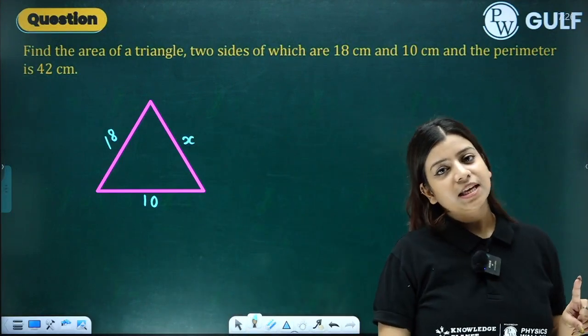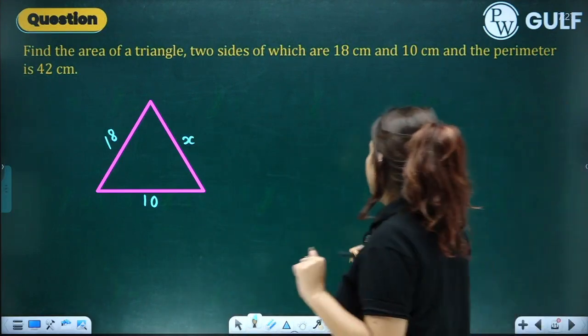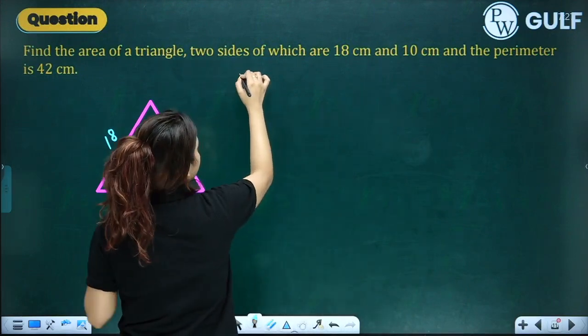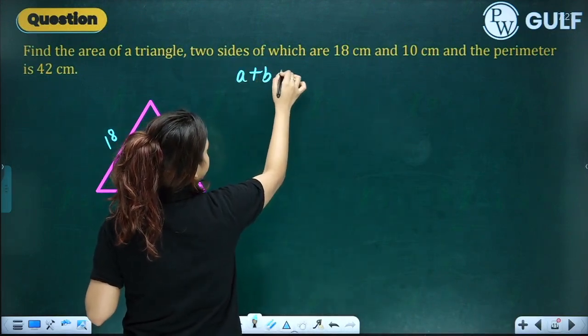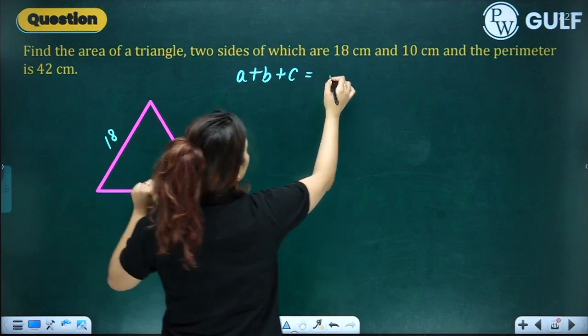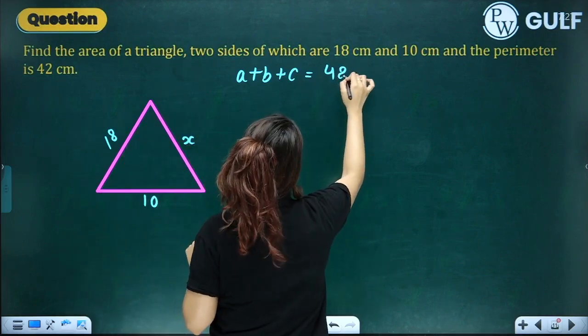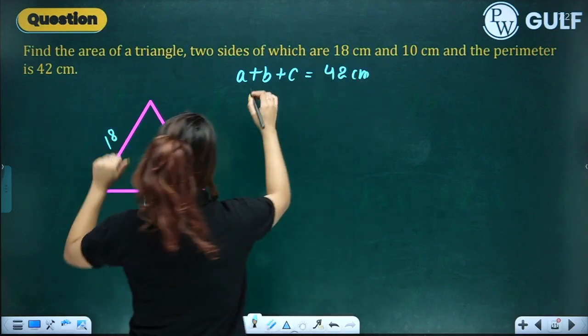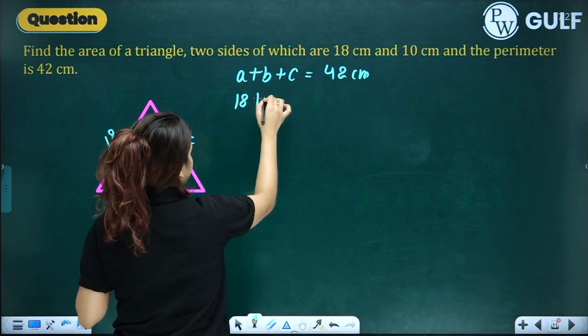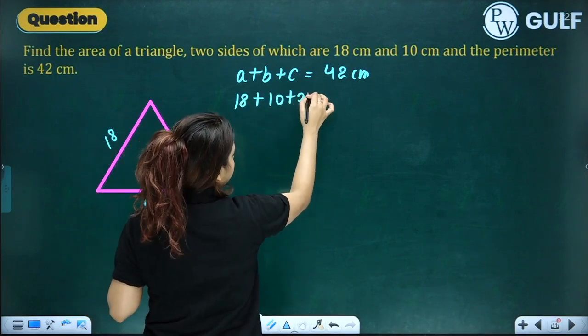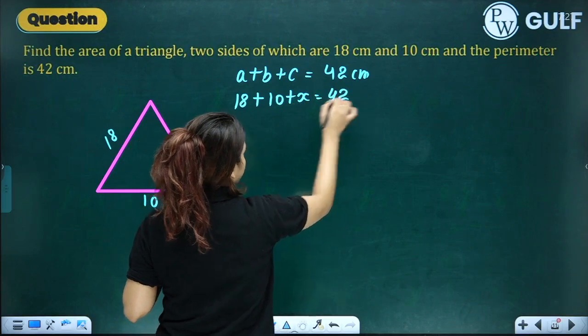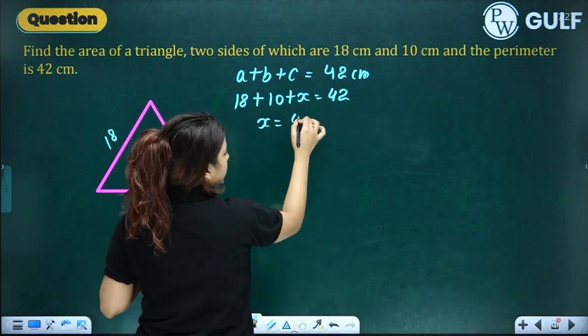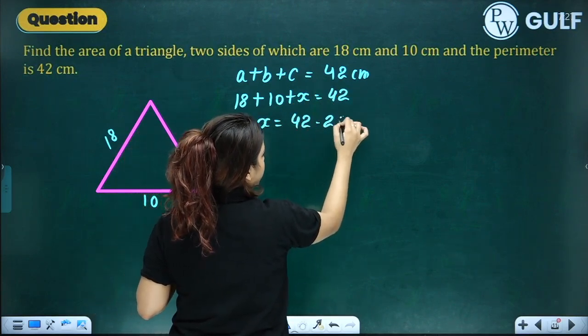The perimeter is given to us as 42 centimeter. We know that the perimeter is the sum of all sides, that is a plus b plus c, which is given as 42 centimeter. Out of these, 2 sides are already known, that is 18 plus 10. The third side is x and this is 42. So x will be equal to 42 minus 28.